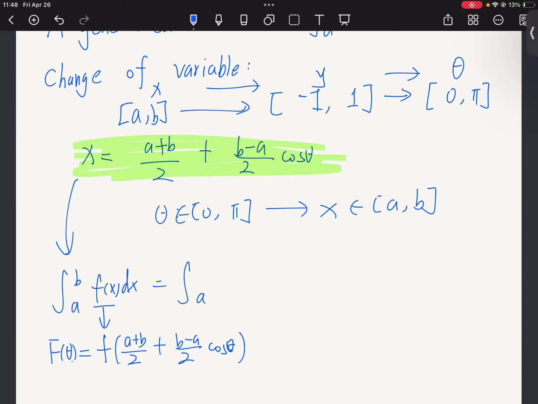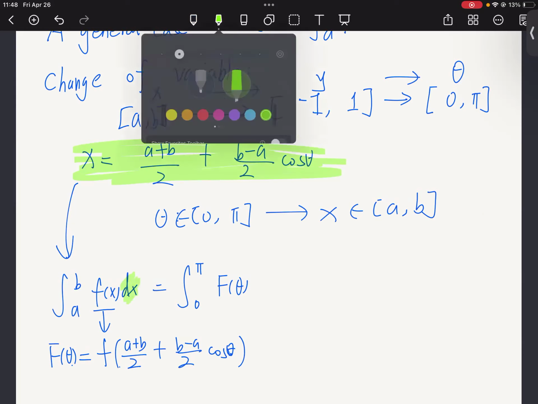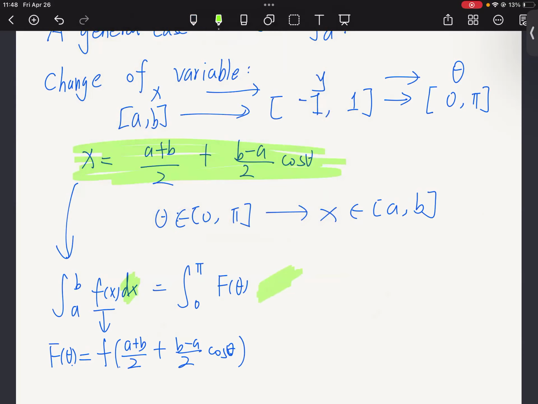And now I get the integration on the interval, and it's about the theta, f(theta). And then what about the dx? Again, for the variable transformation here, the dx equals the derivative of x about theta. So I got it should be sine theta d theta.